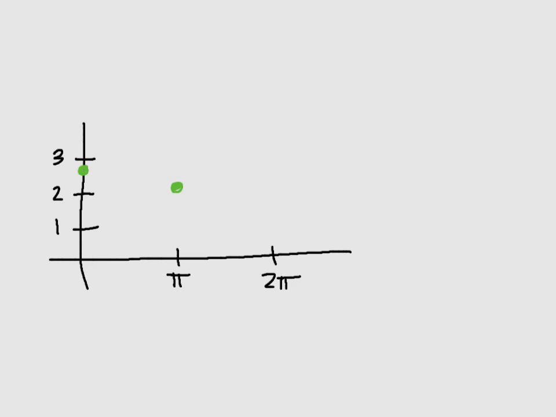And then for 2 pi was 1.23, so it's right about there. Now remember, we're only getting a portion of the graph because since our period was 4 pi, we should only have half of the graph. Okay, so then that's what our half would look like. Okay, have fun.